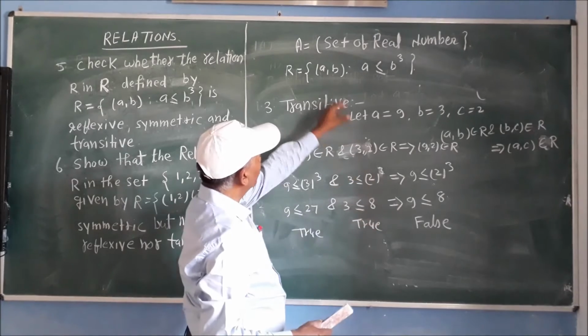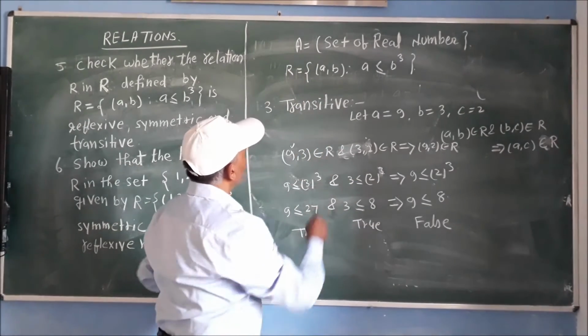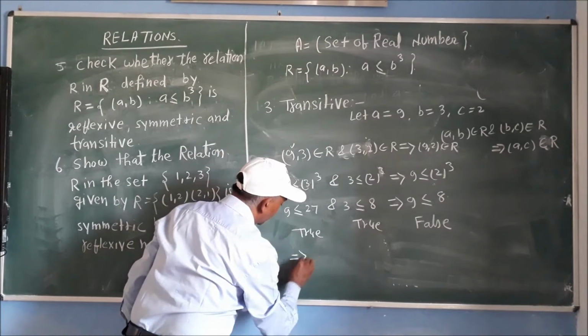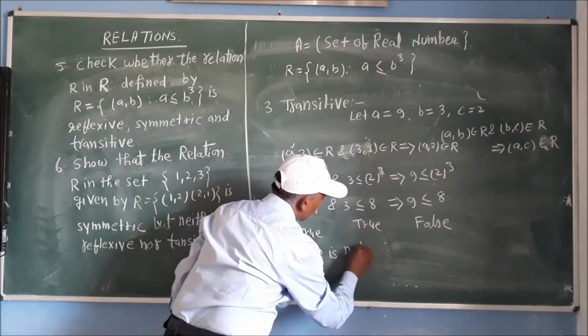Why false? Because this relation R does not follow the transitive property. So we can say that R is not transitive.